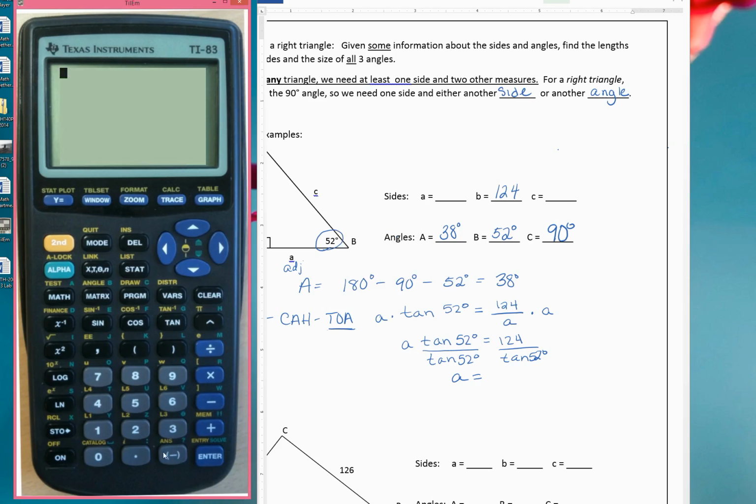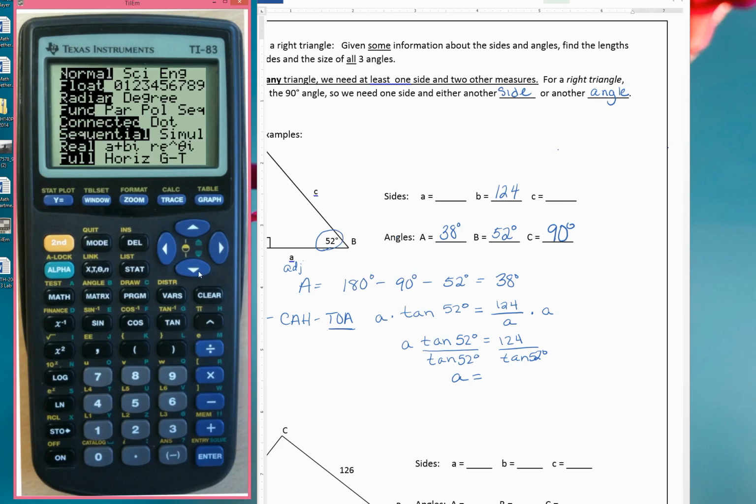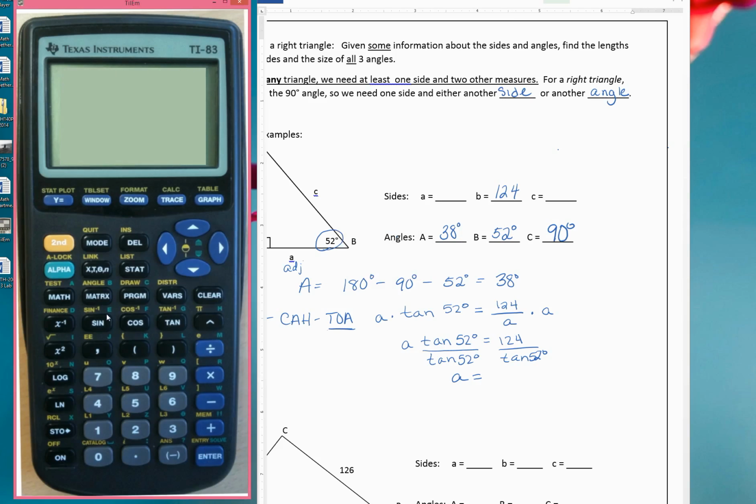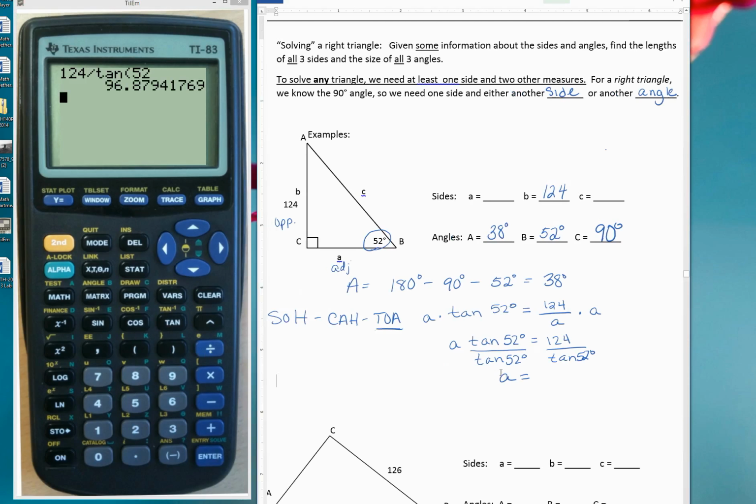So in our calculator, first make sure you're in degrees, by hitting mode, changing it to degrees. Okay, now I'm going to do 124 divided by tangent of 52. Okay, and we'll round to one decimal place. So we'll say a is 96.9.